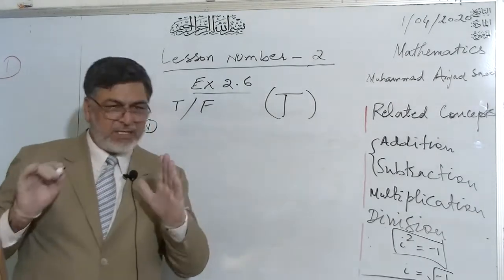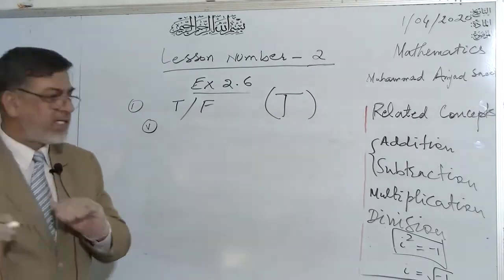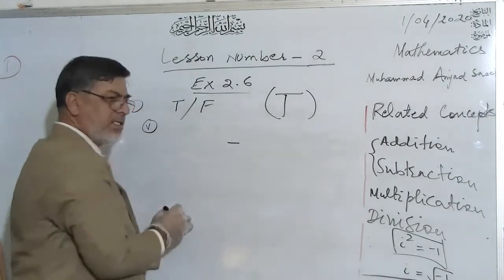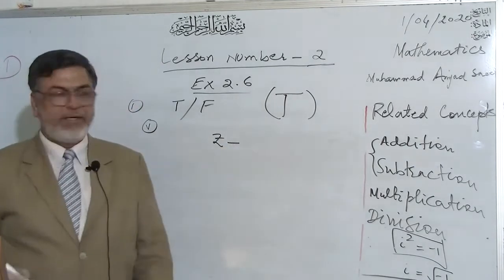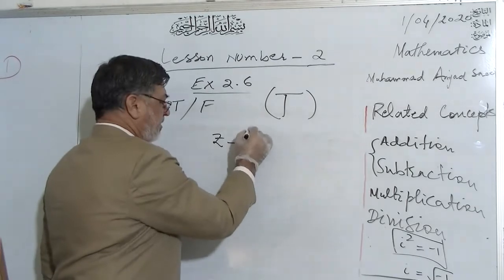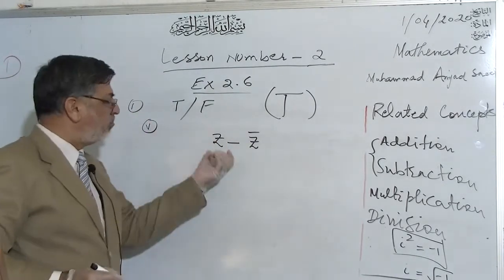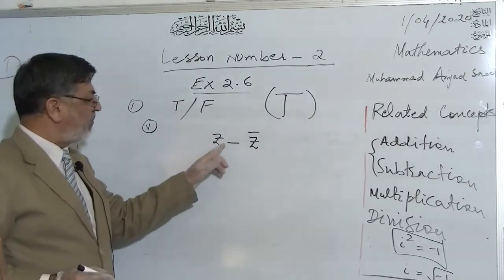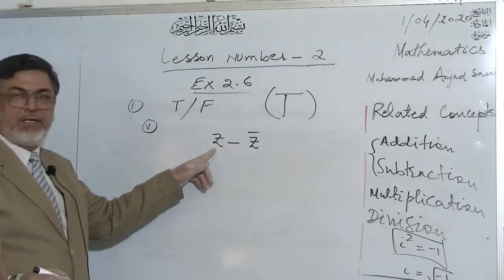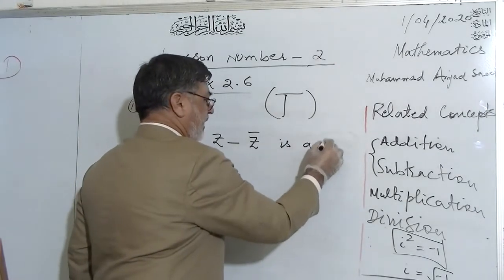First of all, we must understand. This is the difference of complex number z and its conjugate. This is the symbolic form of your question: the difference of a complex number and its conjugate is a real number.